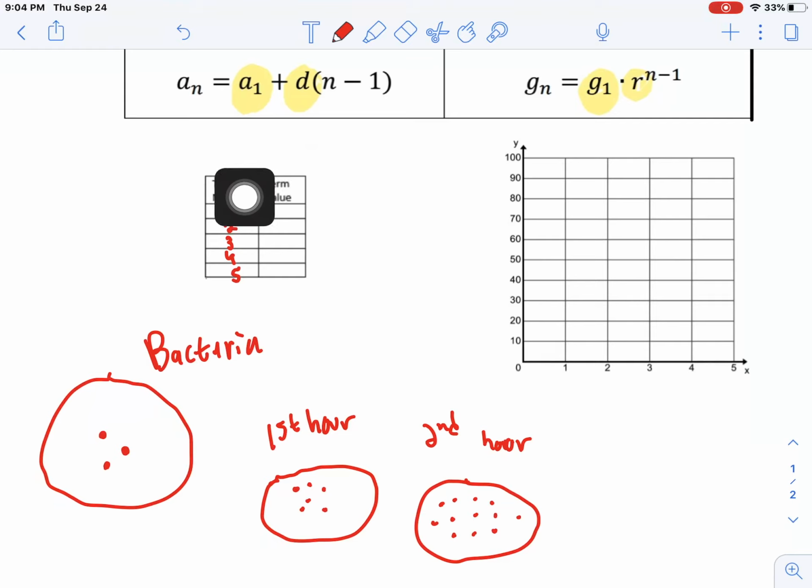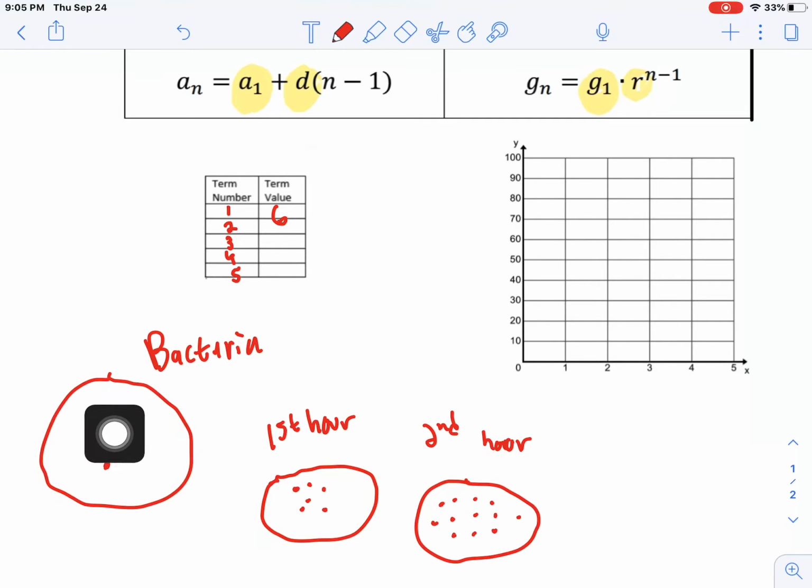A lot of kids think that 3 is what goes here, because they say, wasn't the first thing we saw 3 bacteria? And yeah, that's true. We started with 3, but after the first hour, how many did we have? We actually had 6.